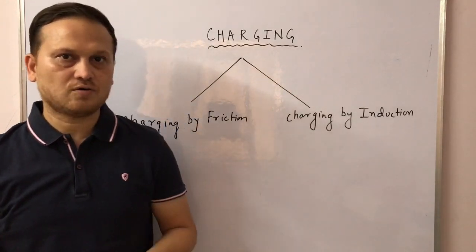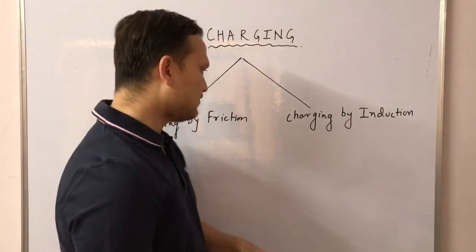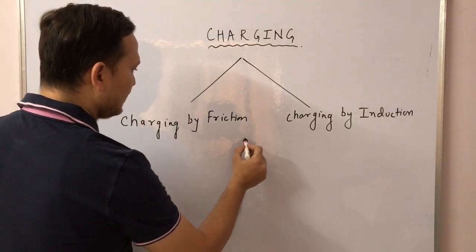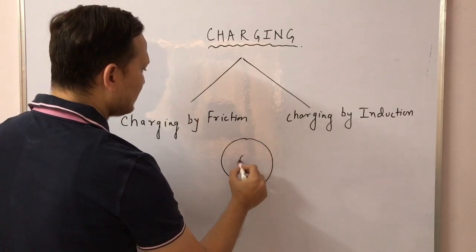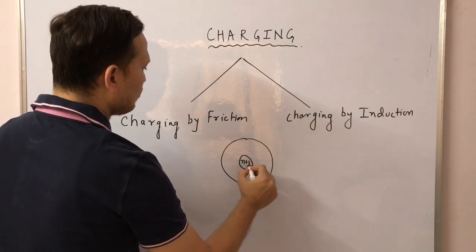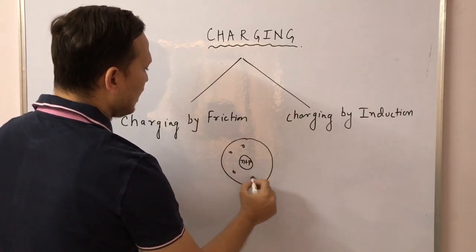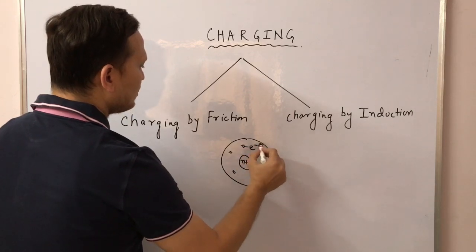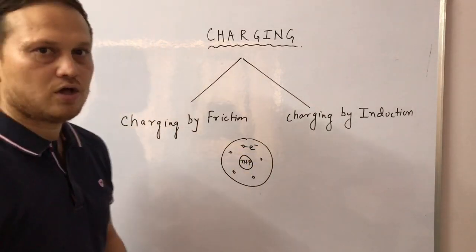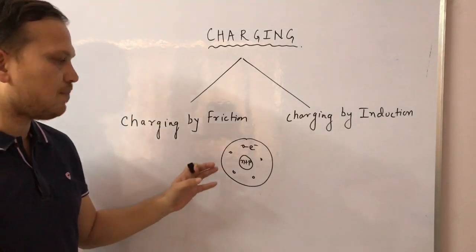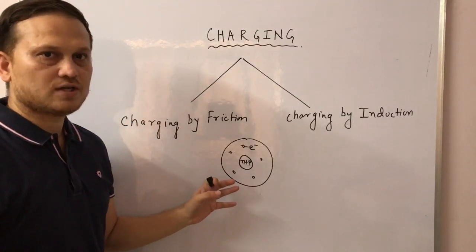Now, what is the reason why this has happened? The reason is that we all know the atom. Inside the atom we have the nucleus, neutrons and protons, and the electrons are revolving around the nucleus. The electrons are bound loosely to the nucleus in the atom.